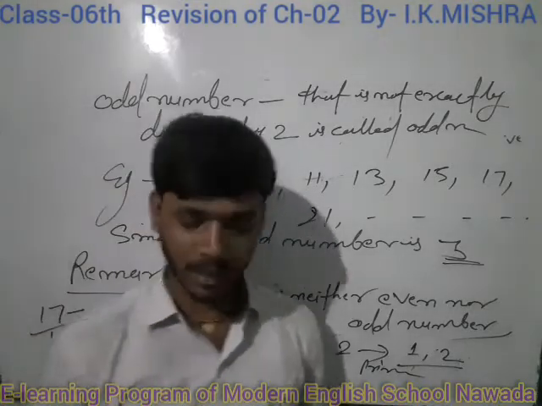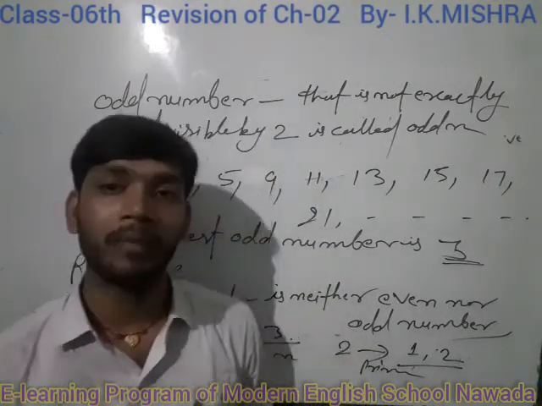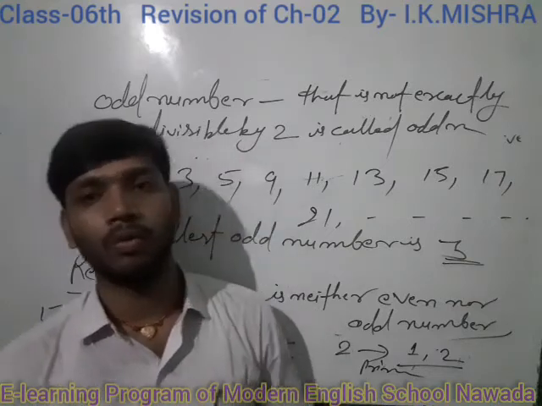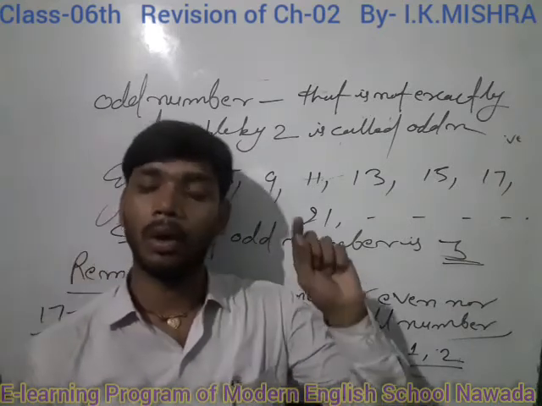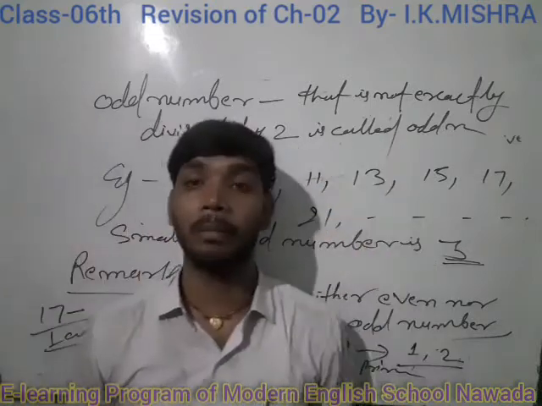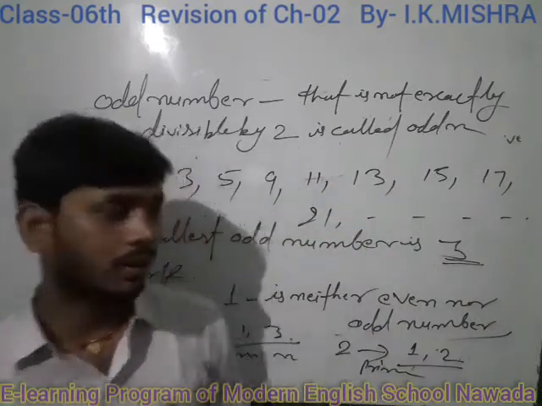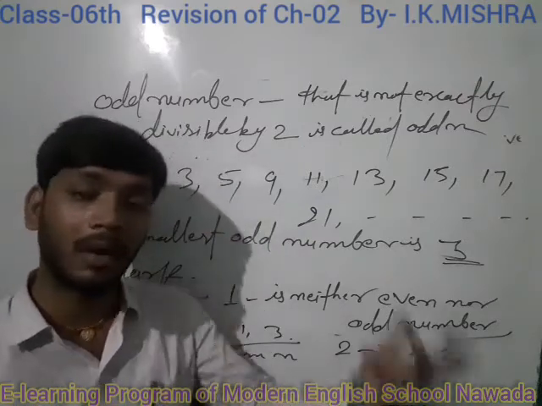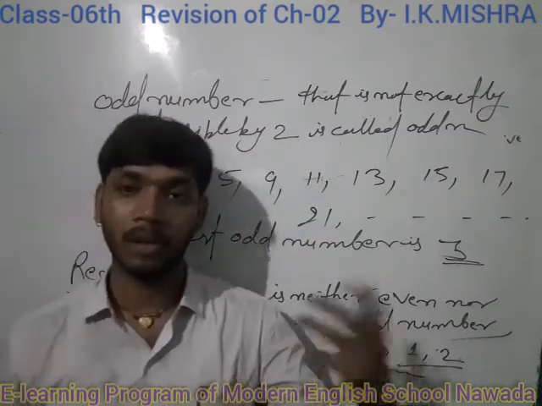Similarly students, you can write all of the prime numbers, and if you want more explanation, you can watch the original video that was studied in the previous main video. Now this is the revision session, so I only revise the terms.